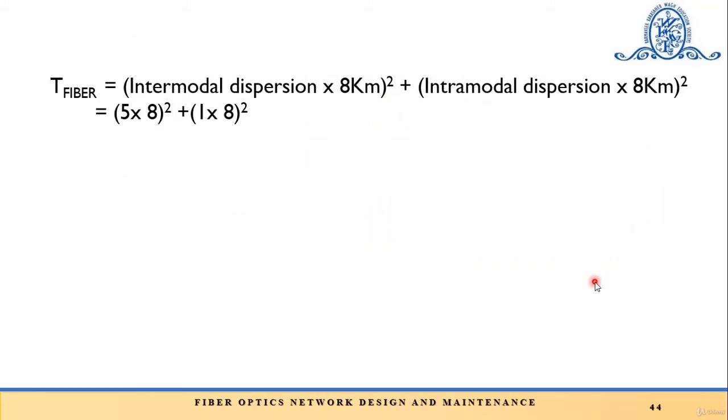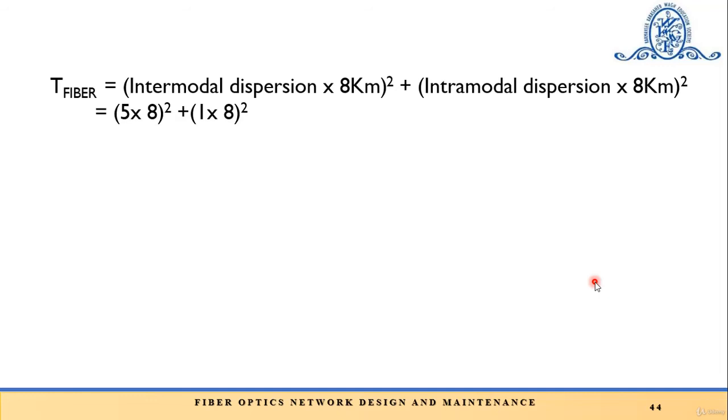As per the given data, we have to calculate the fiber rise time by using the first formula, that is intermodal dispersion square plus intramodal dispersion square, and then take the square root of that.